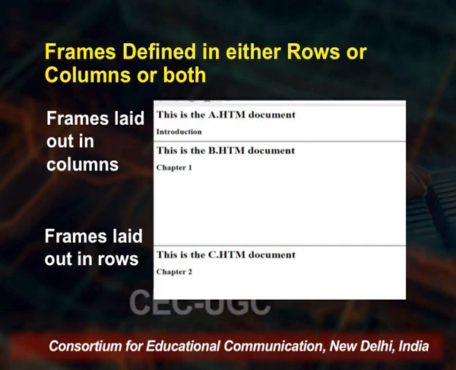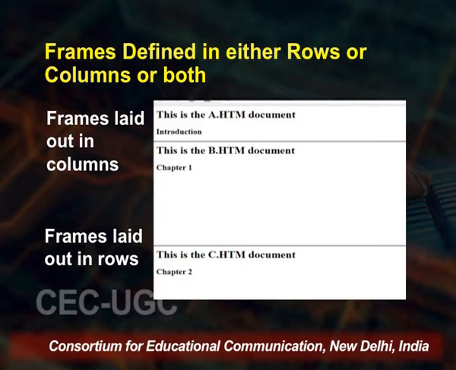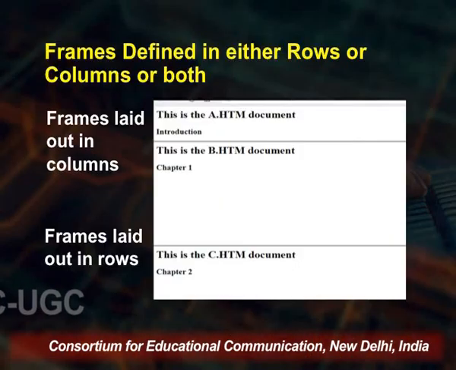You can also see that the size of each frame is different. So, we can control the size of the frame and also the location or arrangement of the frames. We can have frames laid out in columns, frames laid out in rows.